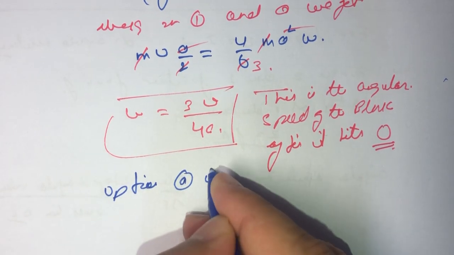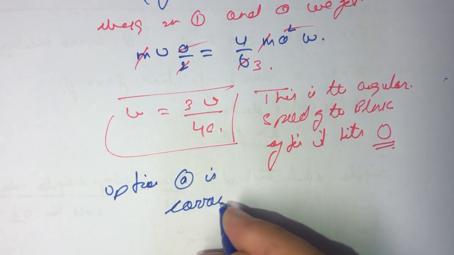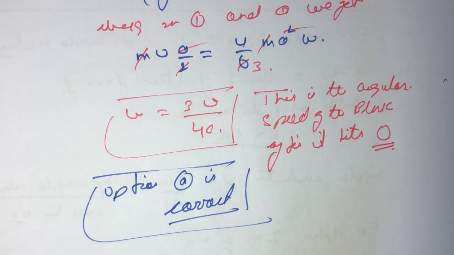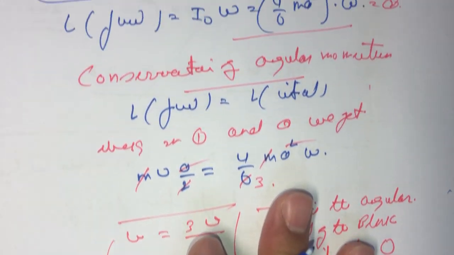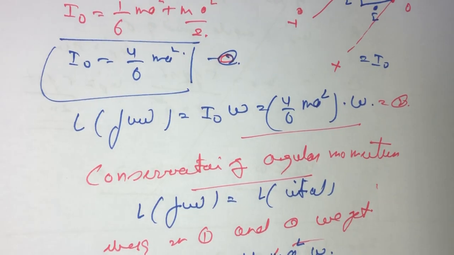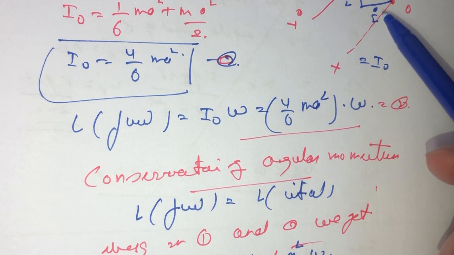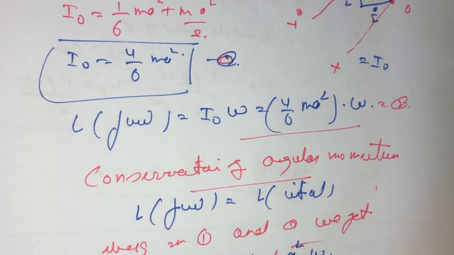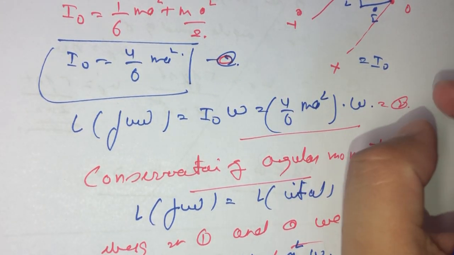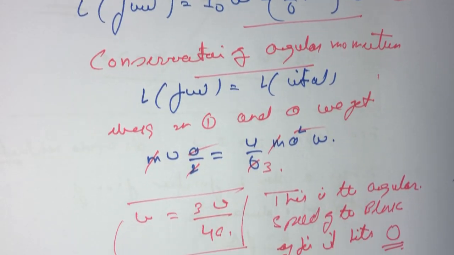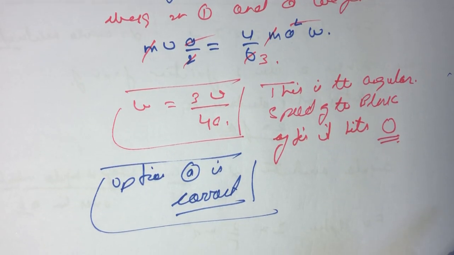Option A is correct. So the main tricky thing here is to find out the perpendicular distance between the two parallel axes, and using the parallel axis theorem, the rest can be done quite easily. So this completes the question. Thank you.